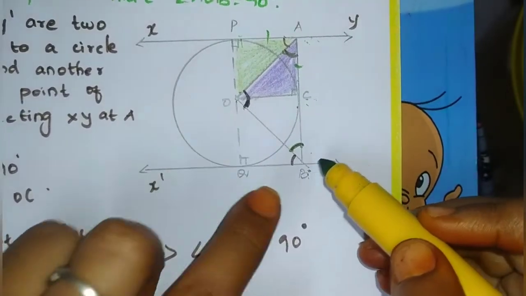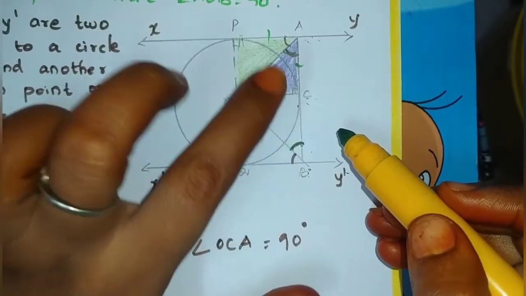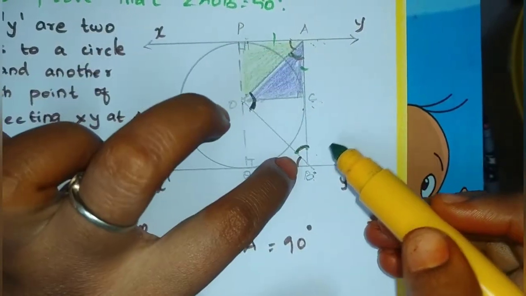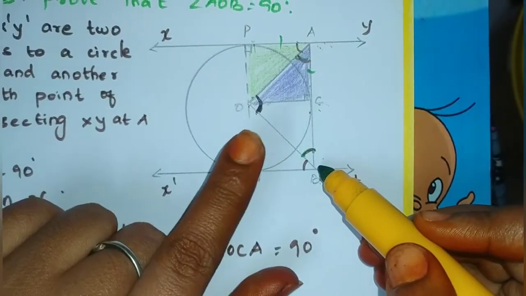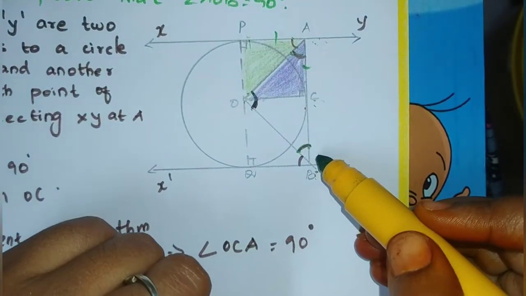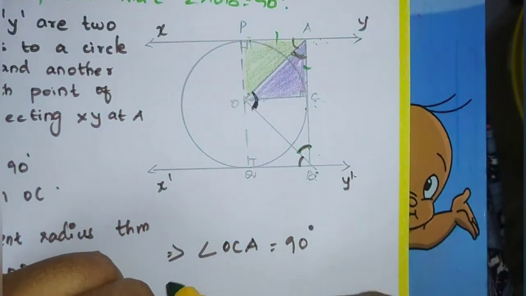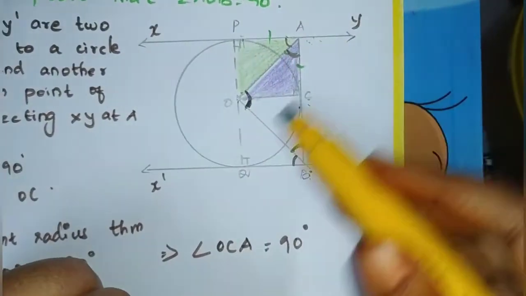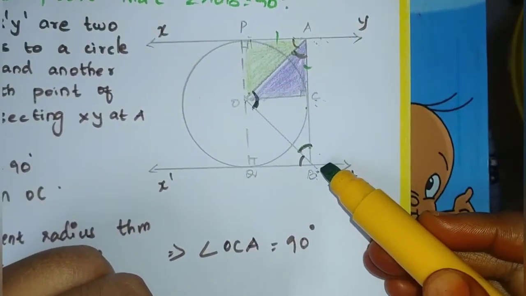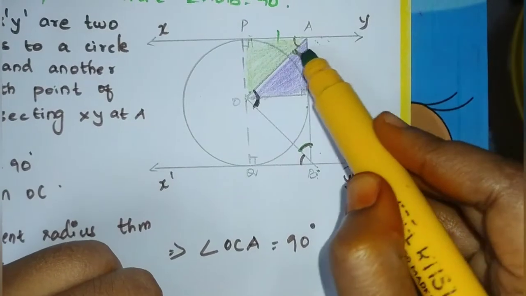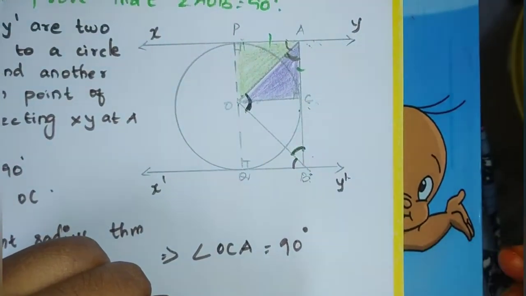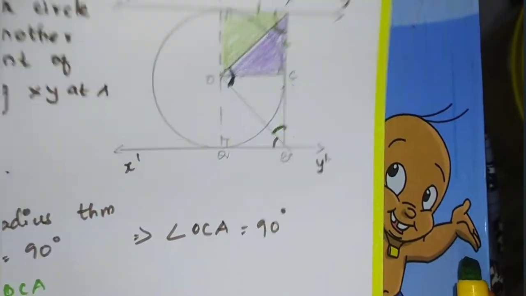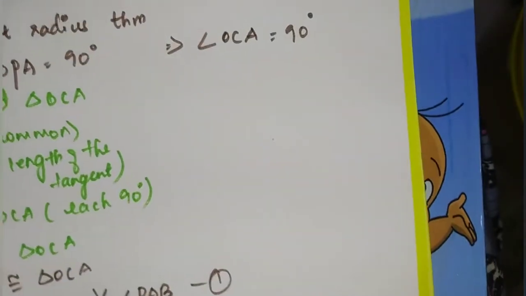Clear, children? If you add these two angles, you will get 180 degrees.